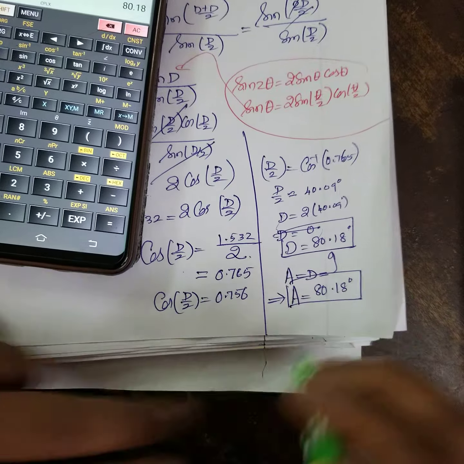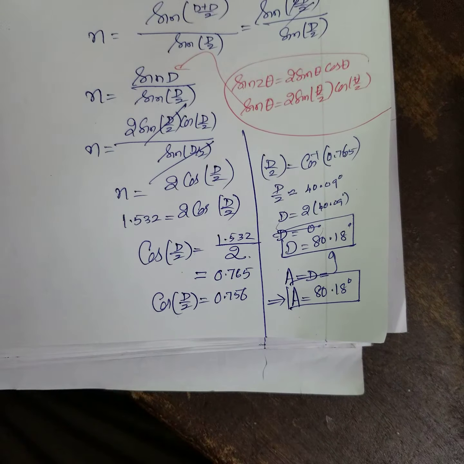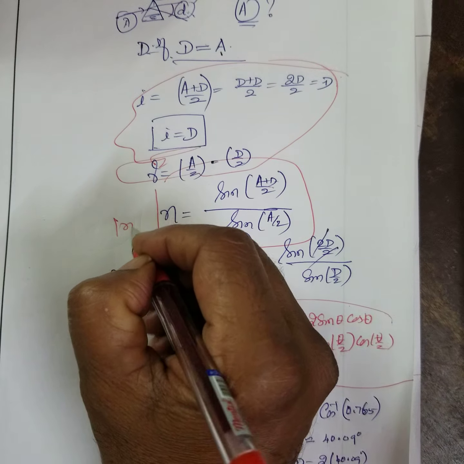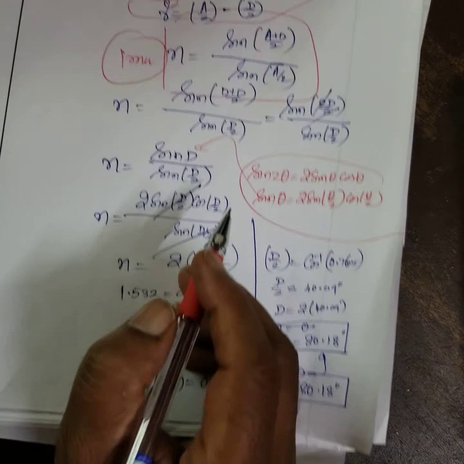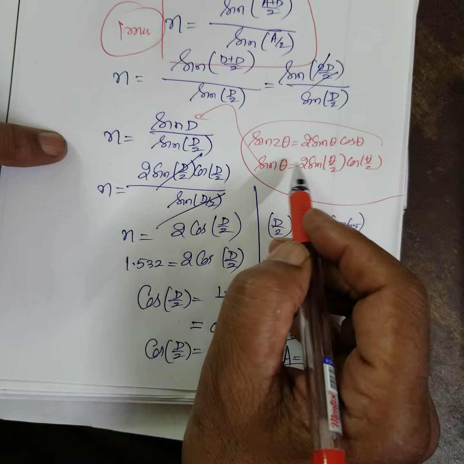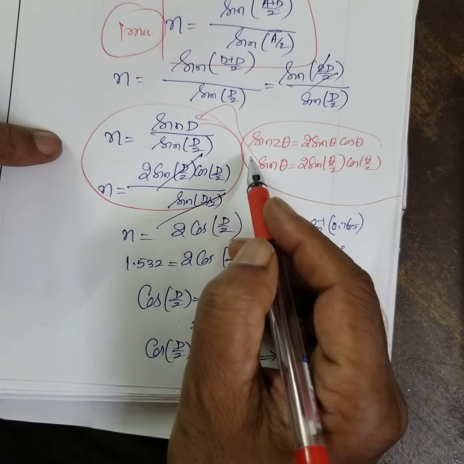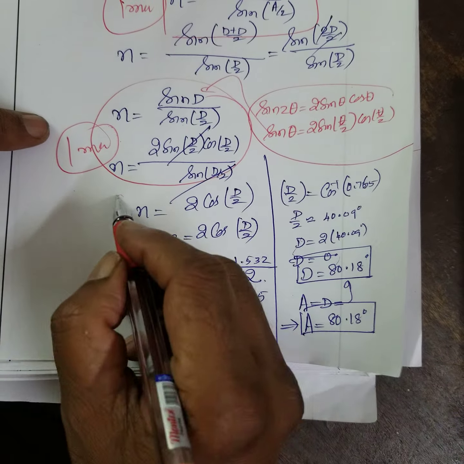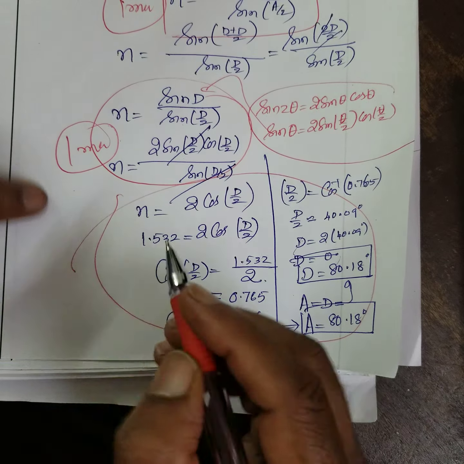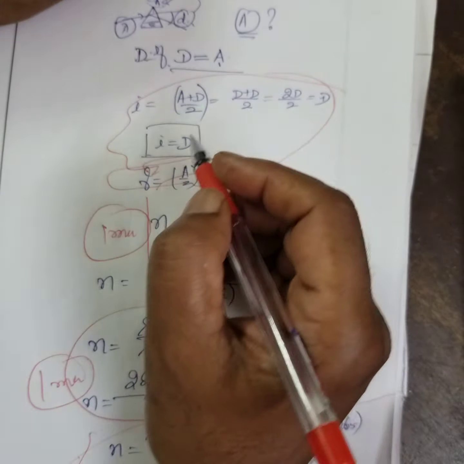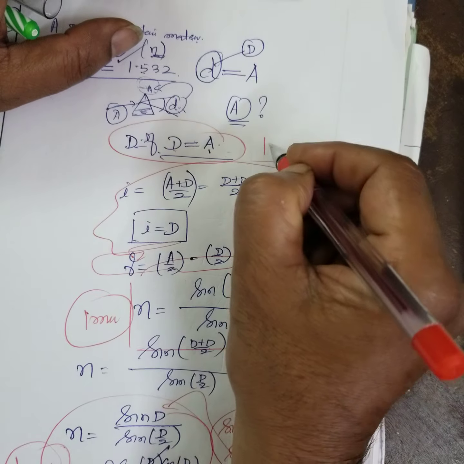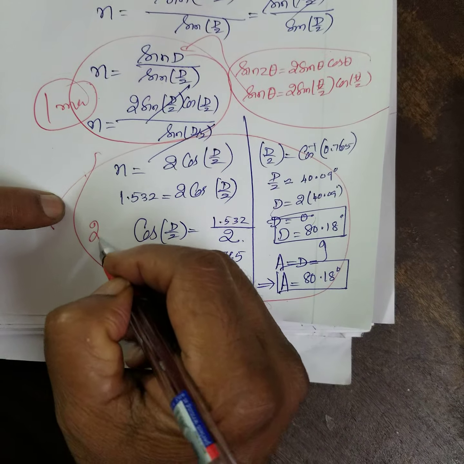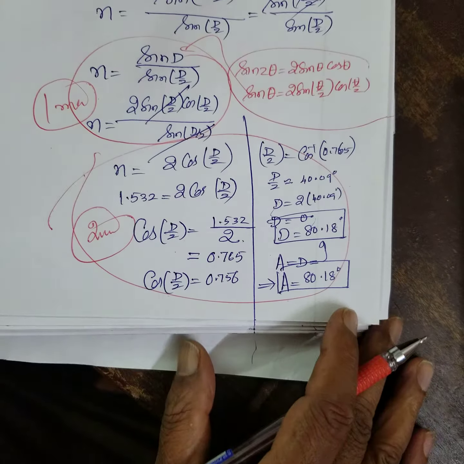How is this? They may ask you to simply write the formula, and you will get 1 mark. Then you need to know how to calculate this, and for this mathematics knowledge is required. This calculation is 1 mark. Identifying that I is equal to D is 2 marks. Totally 5 marks, you can write it.